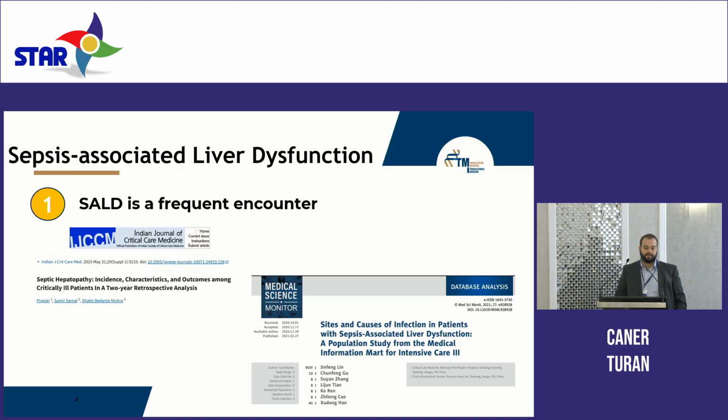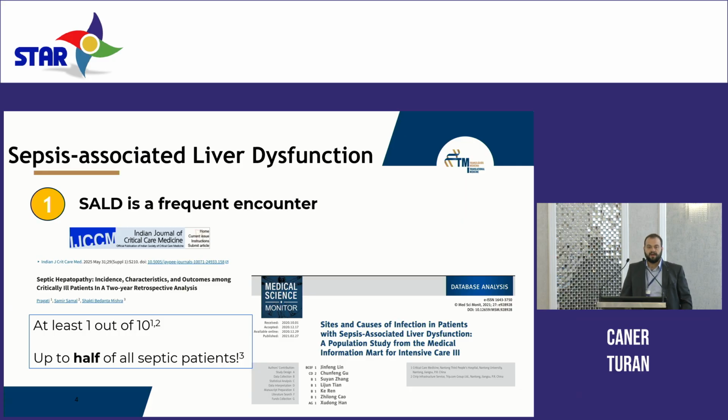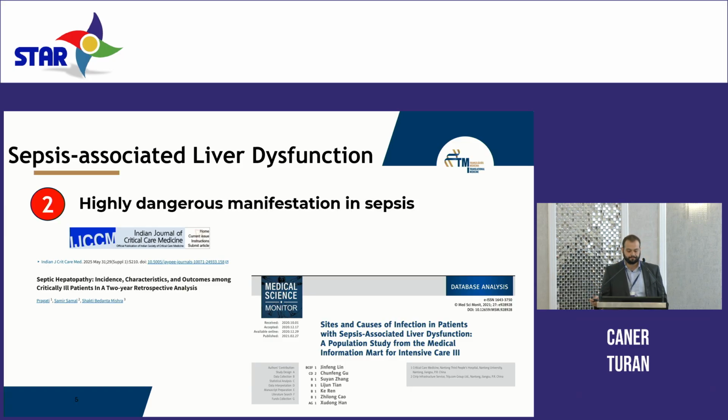So what do we know about sepsis-associated liver dysfunction? We know that this is a frequent encounter in the ICU. At least 1 out of every 10 critically ill patients will present with a certain degree of liver dysfunction, but up to half of septic patients will present with some kind of liver dysfunction.